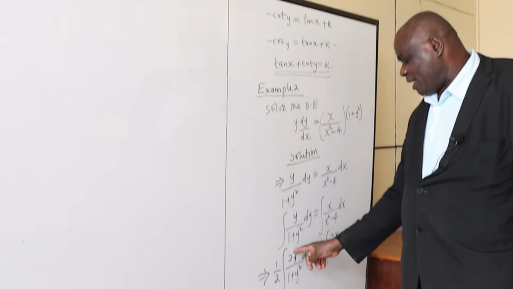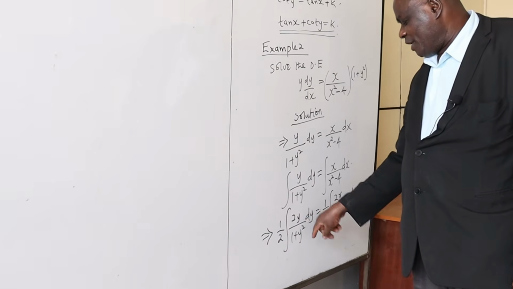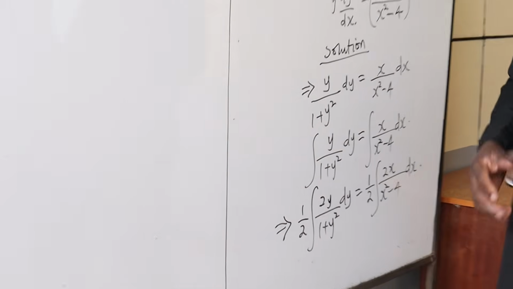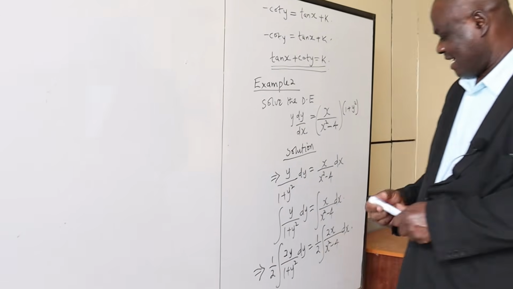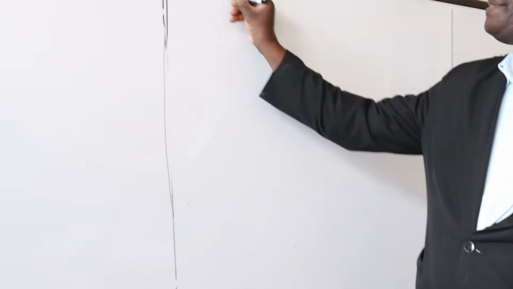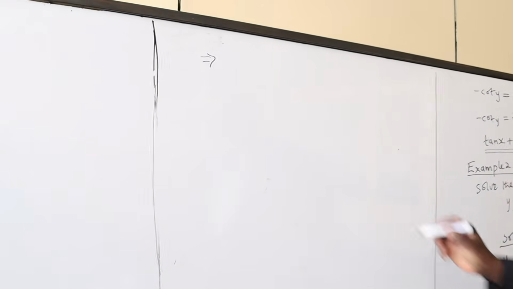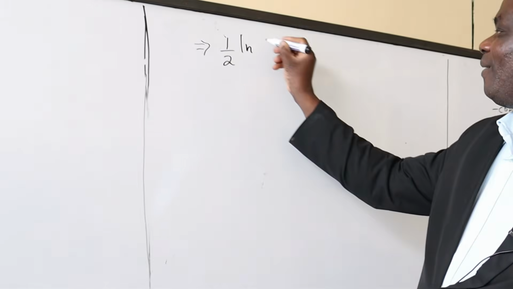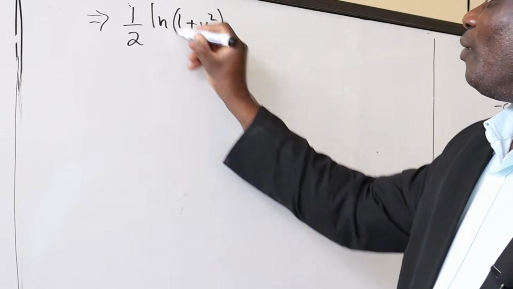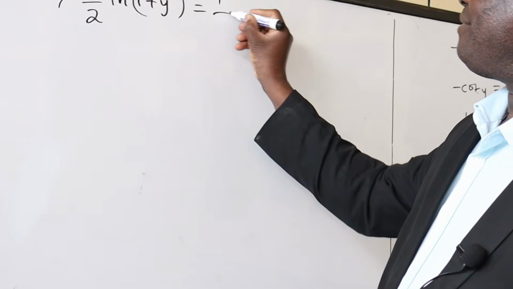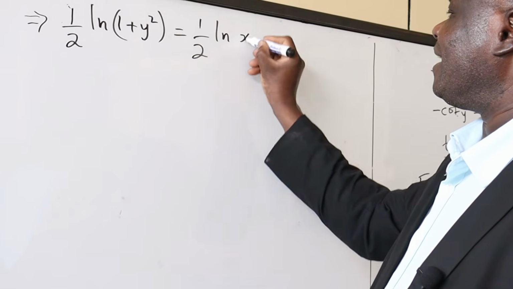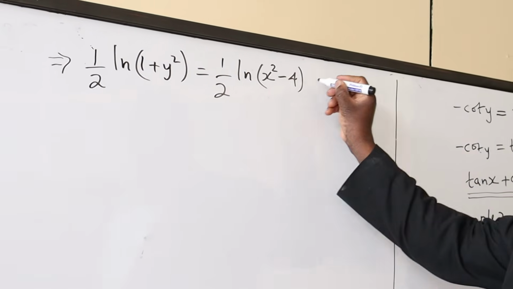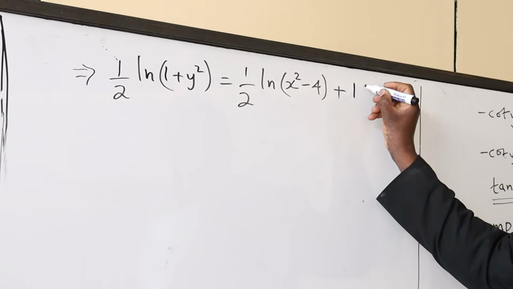Now, if the numerator is the derivative of the denominator, when you integrate such a quotient, the answer becomes the natural log of the denominator. So this implies a half ln of 1 plus y squared will be equal to a half ln of x squared minus 4, plus a constant of integration, which we can call k.